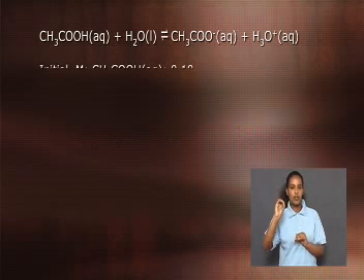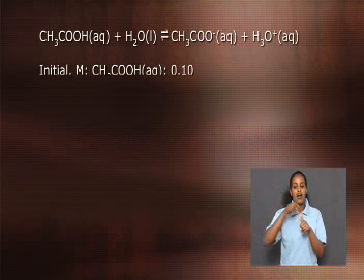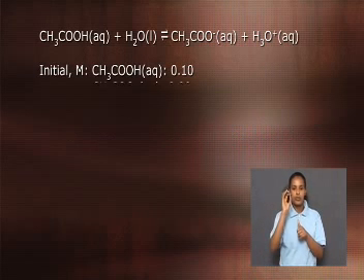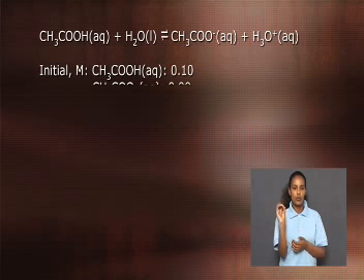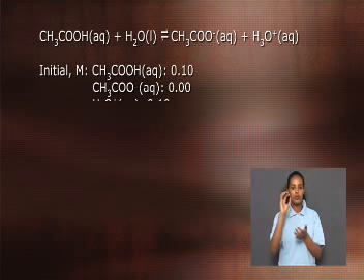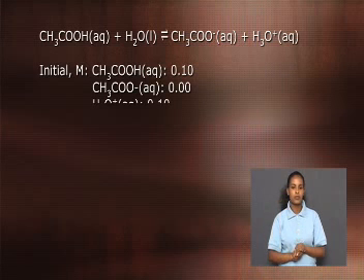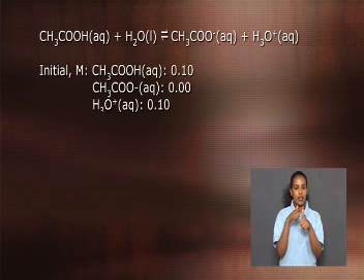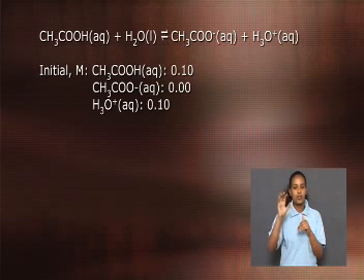The initial concentration of acetic acid is 0.10 molar. The initial concentration of acetate ion is 0.0 molar. And the initial concentration of hydronium ion is 0.10 molar.